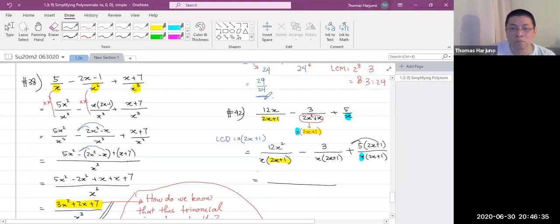And of course, in between, I will distribute this. Okay? So I will get 12x squared minus 3 plus 5 times 2x plus 1. I will distribute that later then, over x times 2x plus 1.